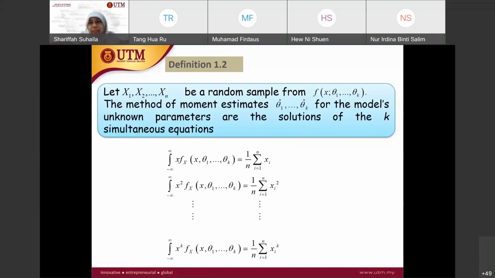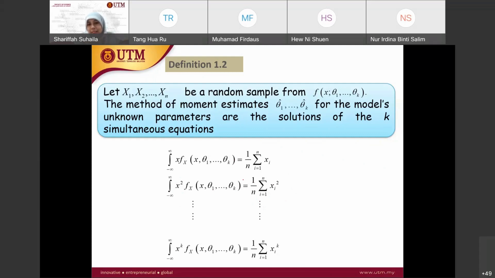That means we solve these simultaneous equations. We have the expected value of x, the formula is x times f of x, theta 1, theta 2, up to theta k, equal to 1 over n summation of xi. With several parameters, you then need to find x squared times f of x, theta 1, theta 2 and so on, equal to 1 over n summation of xi squared.